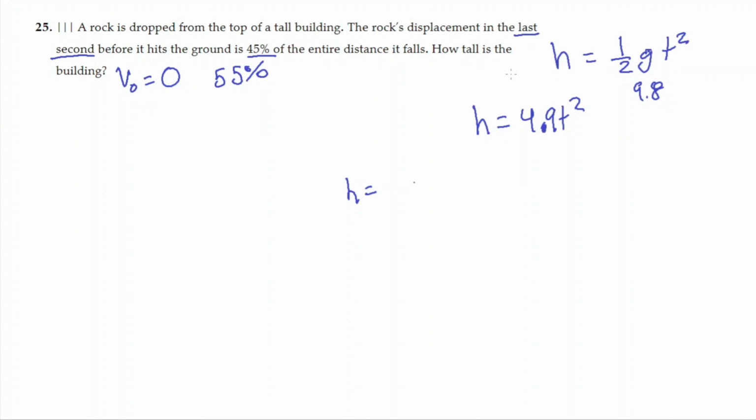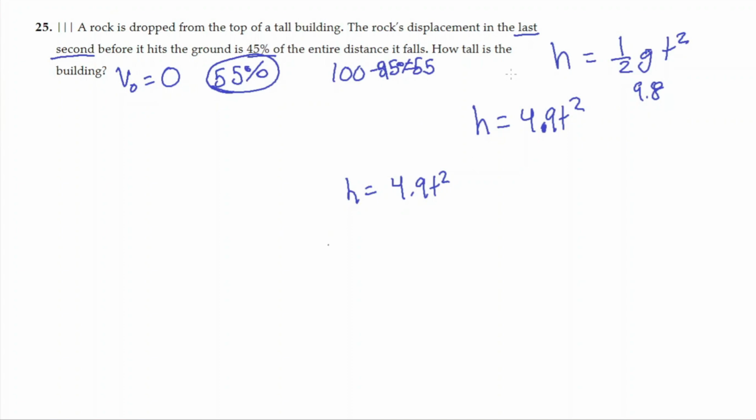Now how can we turn h equals 4.9 t squared into something that covers the first 55%? Because 100% minus 45% is going to be 55%.